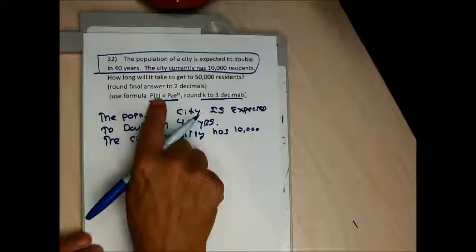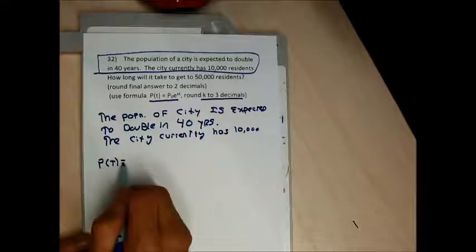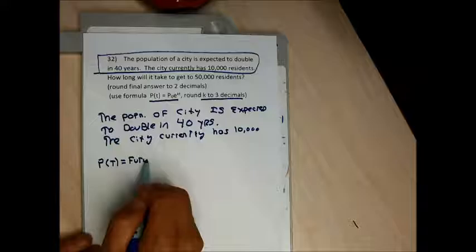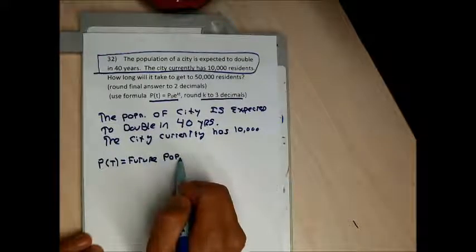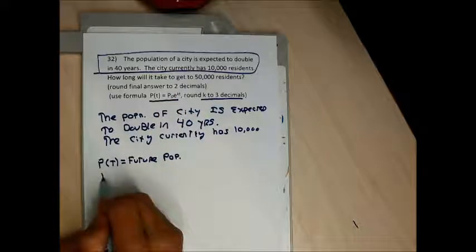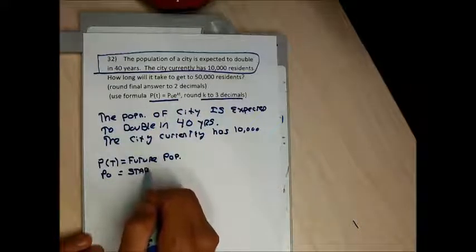So this formula right here that we're going to use, the P of t is the future population. The P sub 0 is the starting population, just like the future amount of money and the starting amount of money. In this case, we're talking about people, so it's populations.